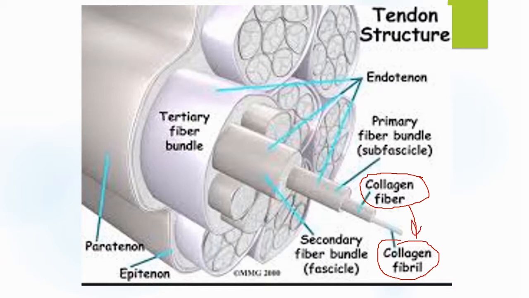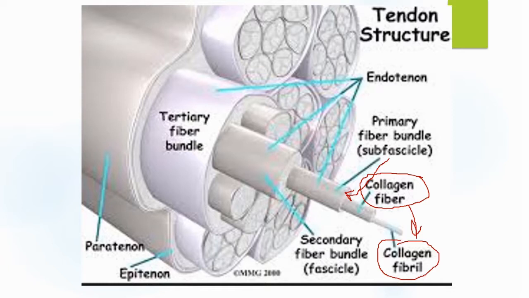Well, these collagen fibrils are secreted by the tendon cells. The tendon cells reside in here in the primary fiber bundle, and these cells secrete the collagen fibrils.